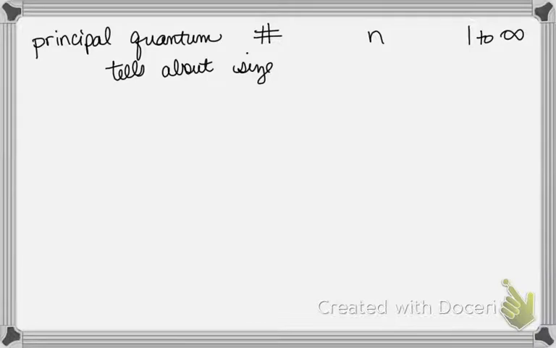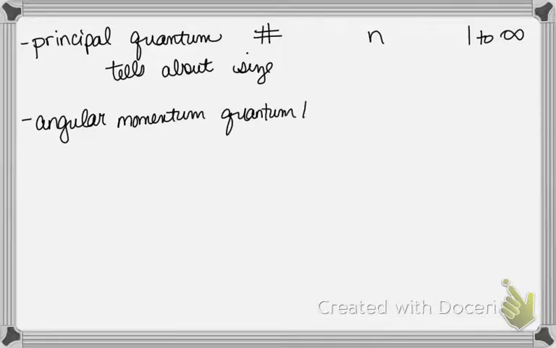Okay, the second quantum number is called the angular momentum quantum number. And it's usually given the symbol L. Okay, it's usually a cursive L. If you look in your book, you can see that.